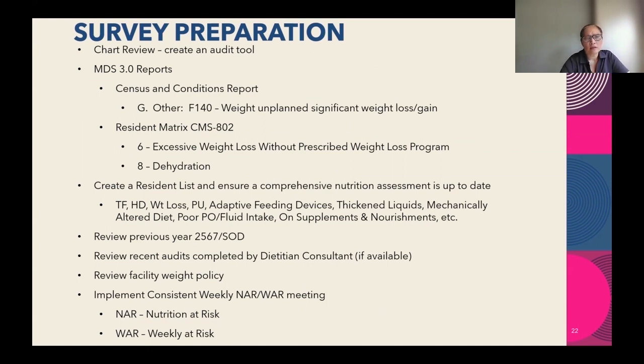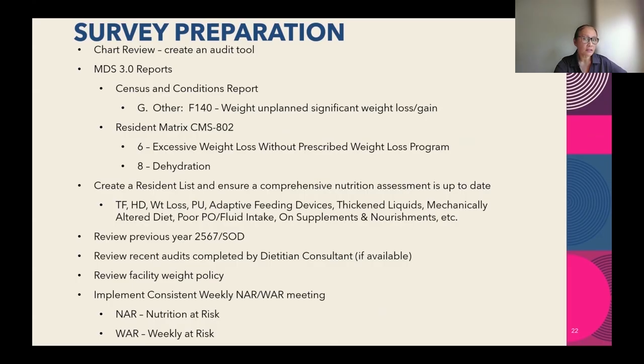And then I also asked them to pull the resident care metric, CMS 802, criteria number 6 and 8, because then you'll know which residents exhibited excessive weight loss without prescribed weight loss program and dehydration.